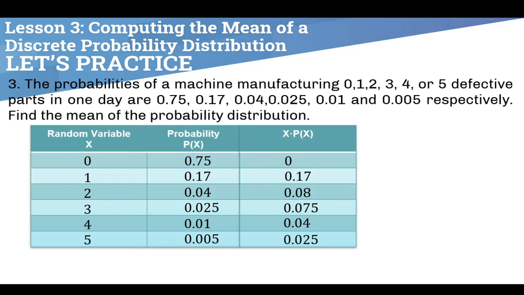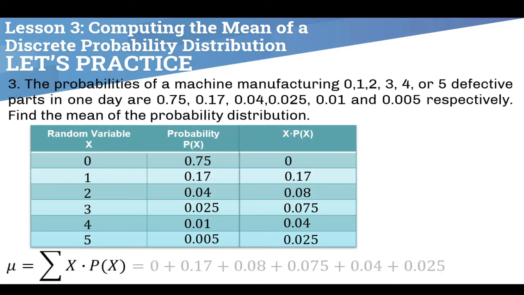We will just simply add the answers that we had on the column. Kung ano yung sagot natin dito, i-add lang natin. So, ano kaya ang makukuha nating sagot? Nice. 0.39. Nakuha ba yung sagot?